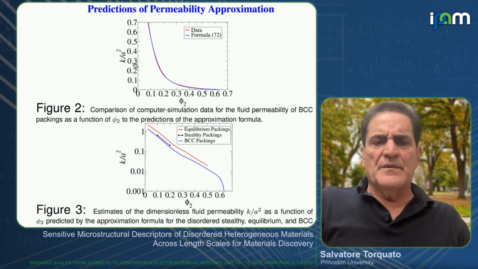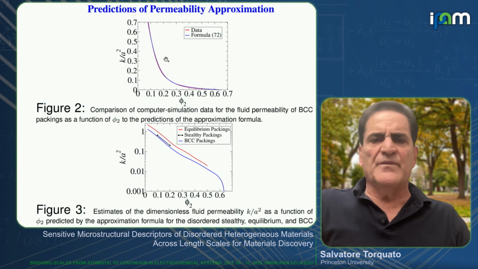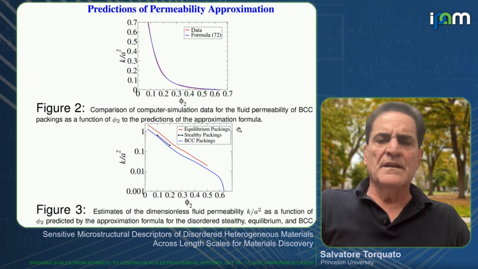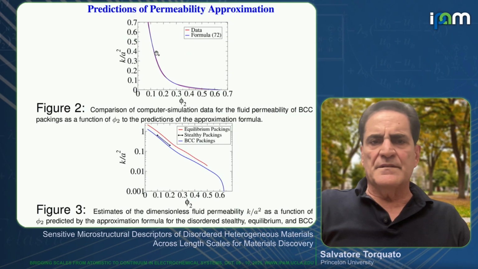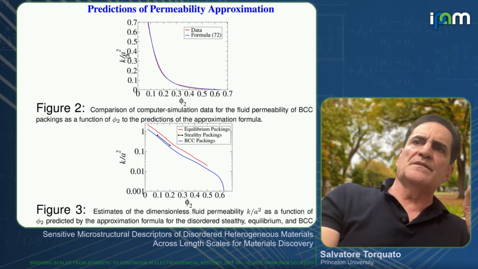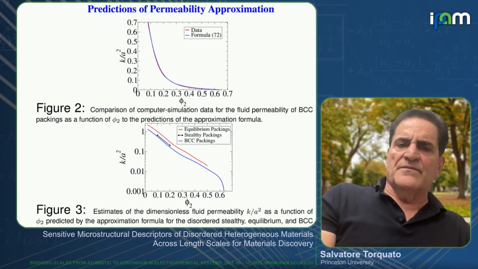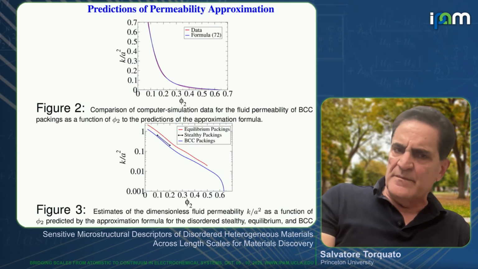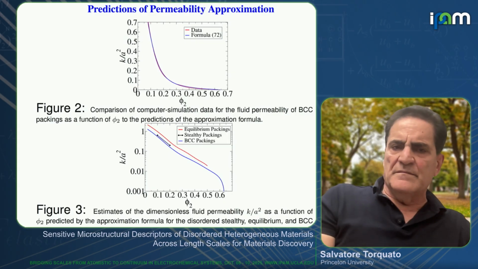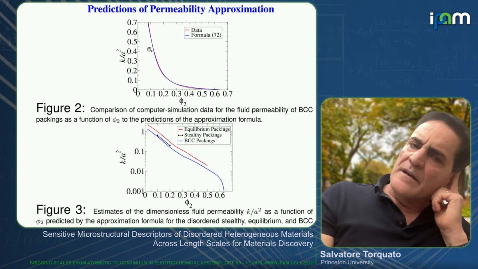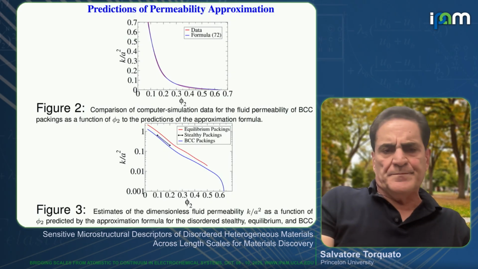And here, all I want to do is show you that this approximate formula is extremely accurate if you compare it to the fluid permeability of BCC data, for which you have essentially exact results, compared to this approximation formula that just uses the pore size statistic, which you can get very easily from any image of a material, or if you simulated it, it's very easy to compute. So from that formula, if you have the formation factor and the second moment of the pore size, you have a very, very good approximation for the fluid permeability.